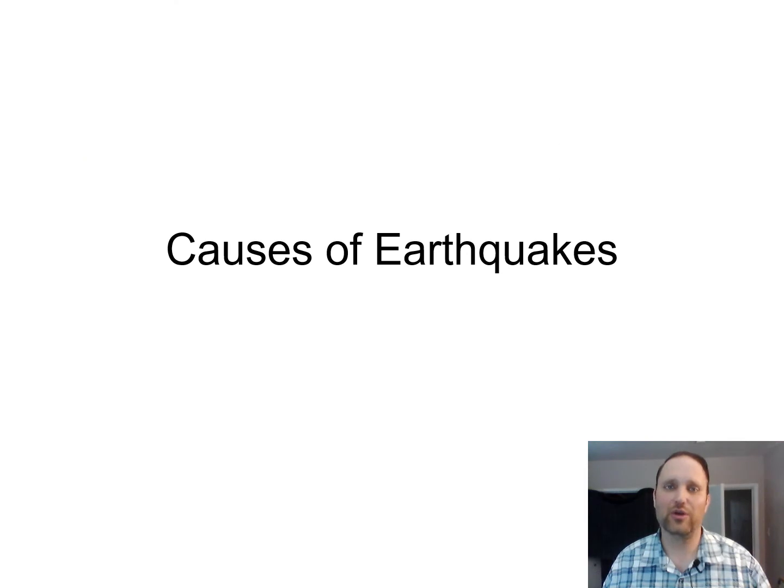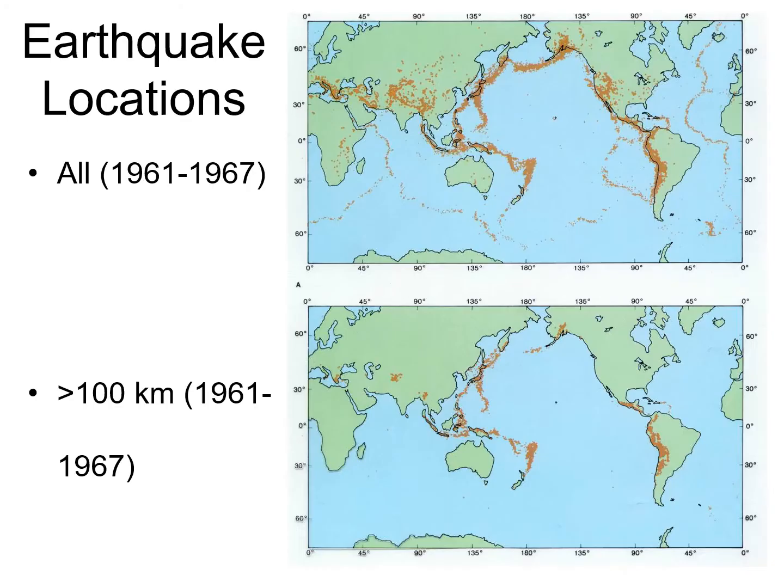Okay, so now looking at the causes and some of the mechanics behind earthquakes. Now these two maps show all of the earthquakes over about a 6 or 7 year period back in the 60s. And of course, we had lots of renewed interest in studying earthquakes around that time because just previous to that was the introduction of the theory of seafloor spreading and plate tectonics.